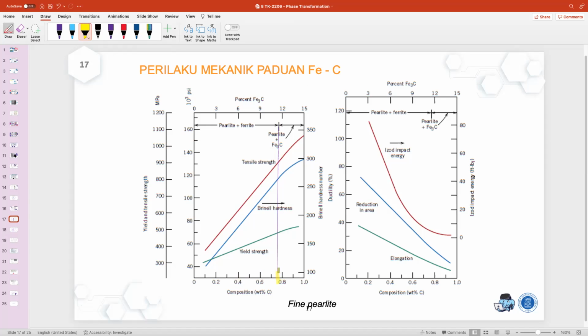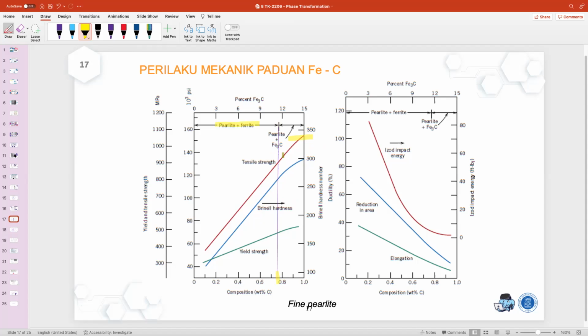Okay, around here is pearlite and ferrite, which is hypoeutectoid, and over here is the pearlite plus cementite, or the hypereutectoid steel. Okay, so here you can see the strength, for example here, and then the brittleness and hardness as well.